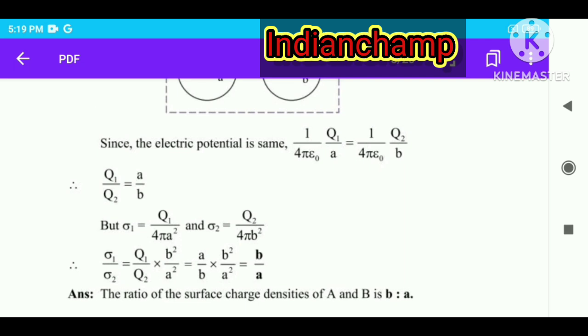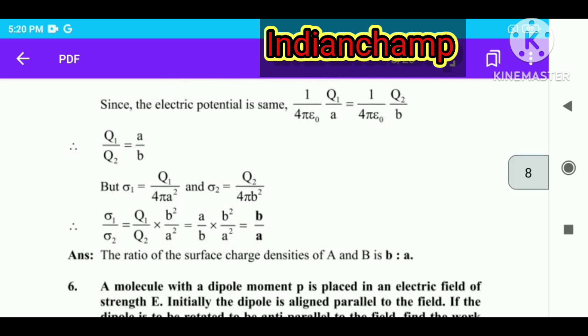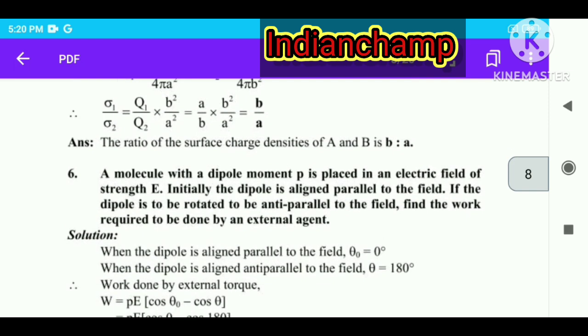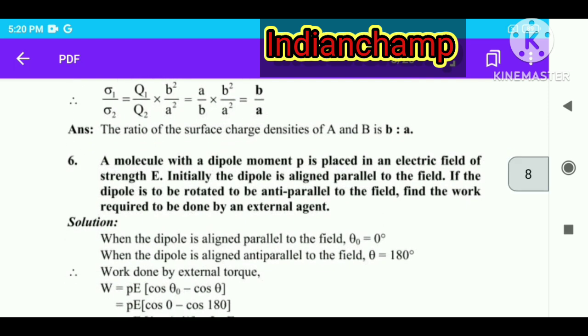Therefore, sigma 1 divided by sigma 2 is equal to Q1 divided by Q2 into B square divided by A square, which is equal to A divided by B into B square divided by A square, equal to B by A. Answer: the ratio of the surface charge densities of A and B is B by A.